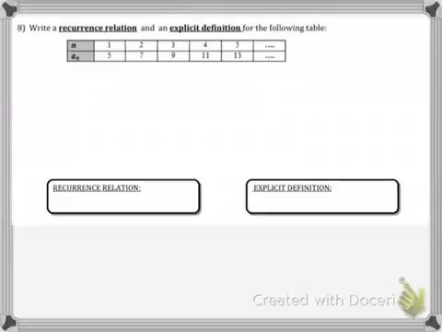Next, write the recursive relation and explicit definition. Alright, so right here, looking at this, we'll find our pattern here. We see that it's going up by 2 every time. So our recursive, we know our first term here a sub 1 equals 5.